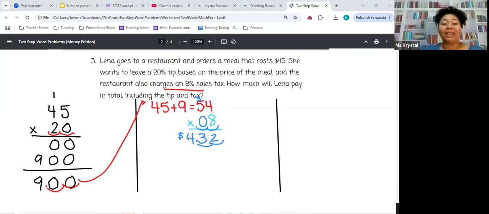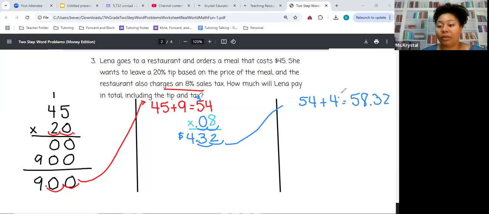Now we have to add that $4.32 back to the 54. So here we go. We're doing 54 plus the $4, which gives me 58, and then plus the 32 cents gives me $58.32.